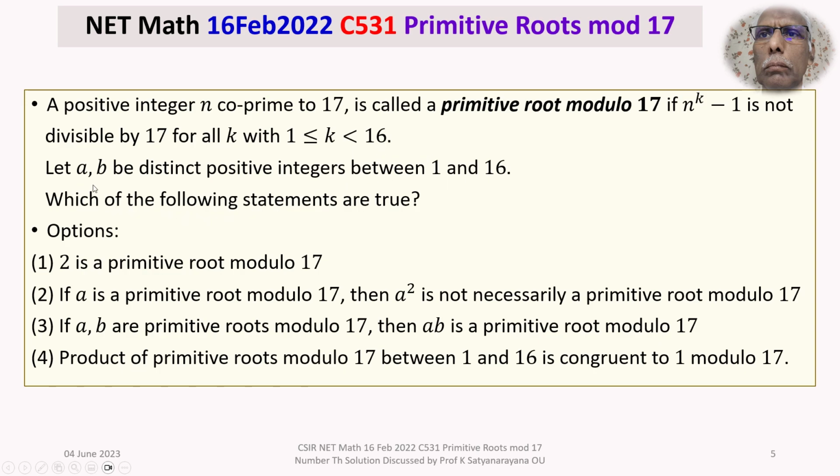Let a, b be distinct positive integers between 1 and 16. Then we have to discuss the validity of the four statements given in options 1 to 4.